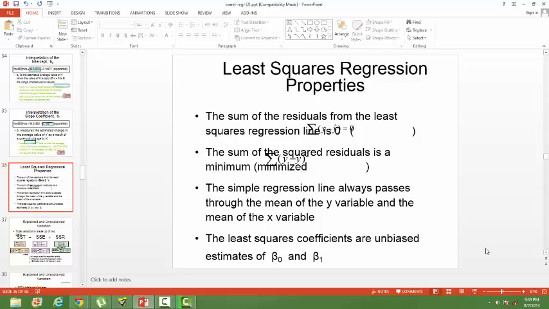And then there are more technical properties. We'll see that later, once we study what is unbiasedness, what is biasedness, what is R square, what is hypothesis testing, what is significance, insignificance.